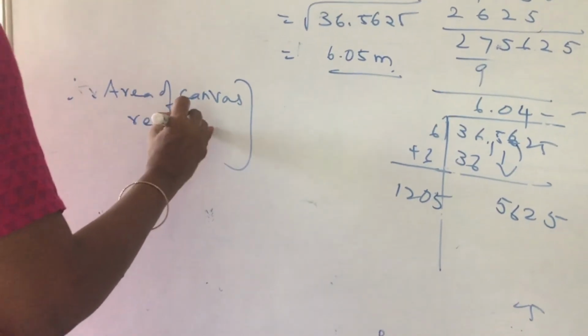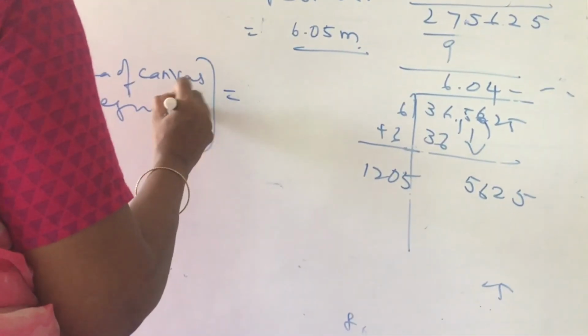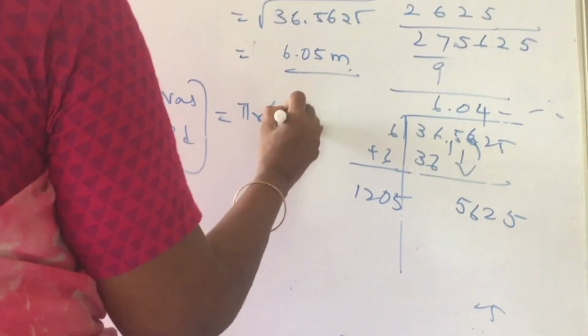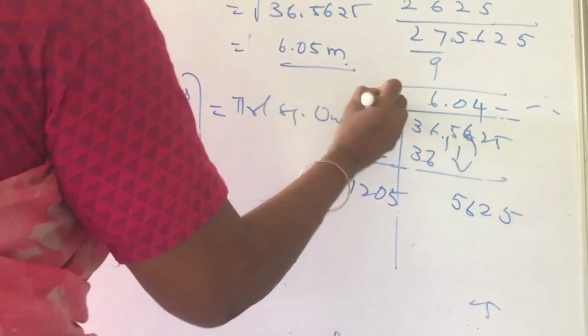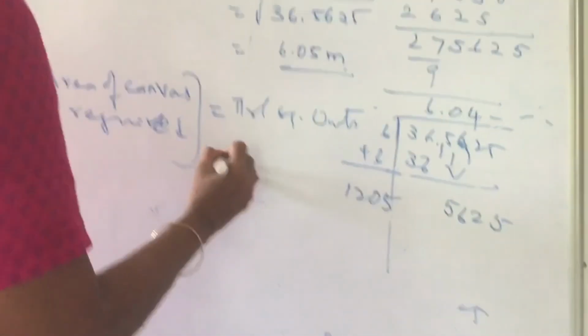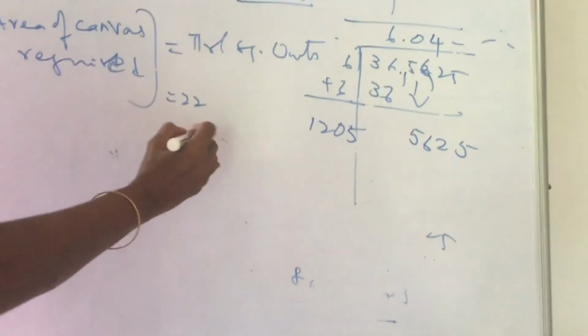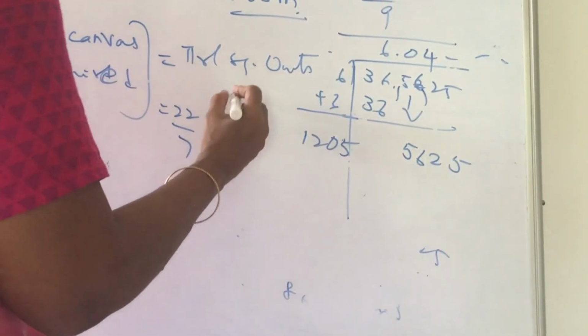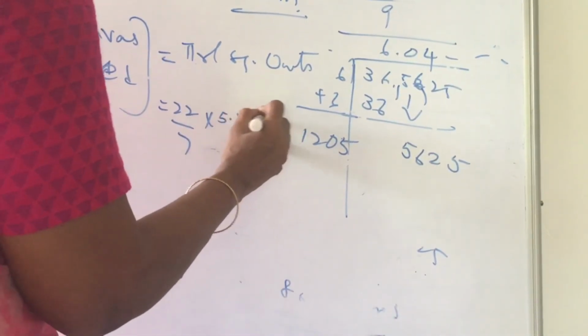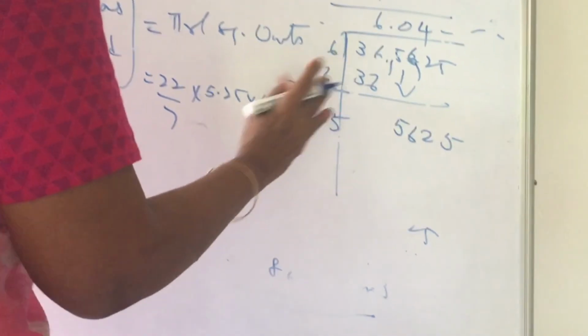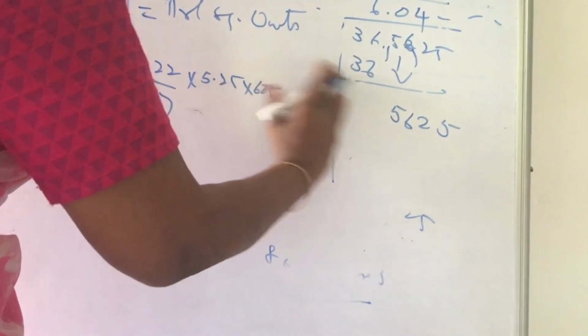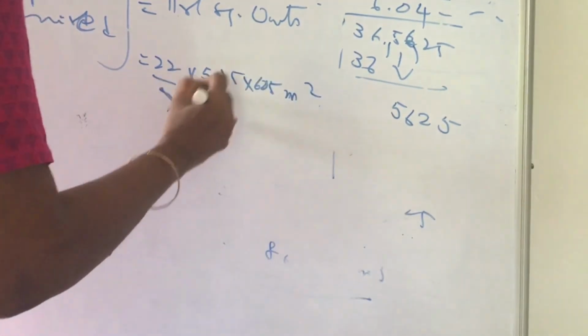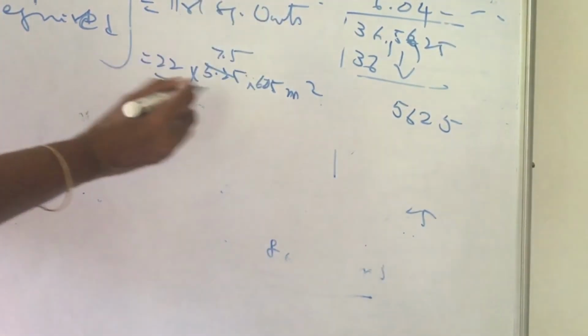is equal to pi RL square units, which is equal to 22 by 7 into R 5.25 into 6.05 meters square. 7 goes how many times? 7.5.